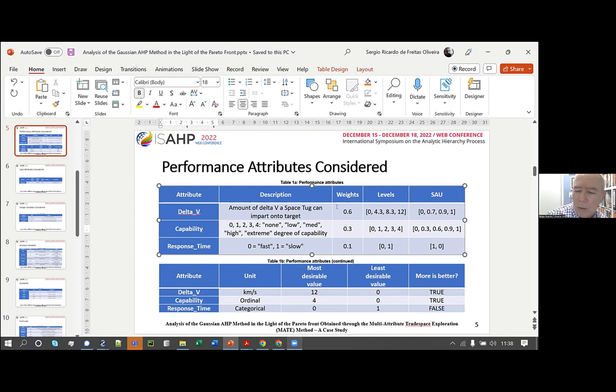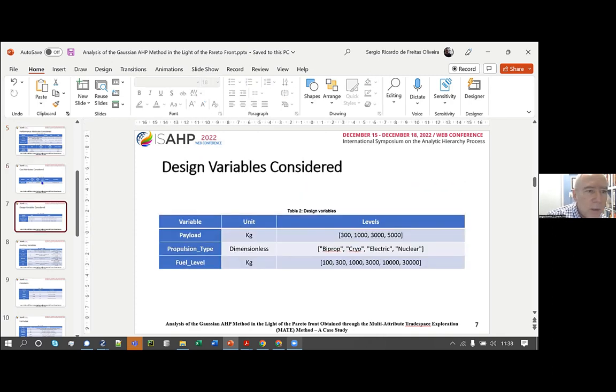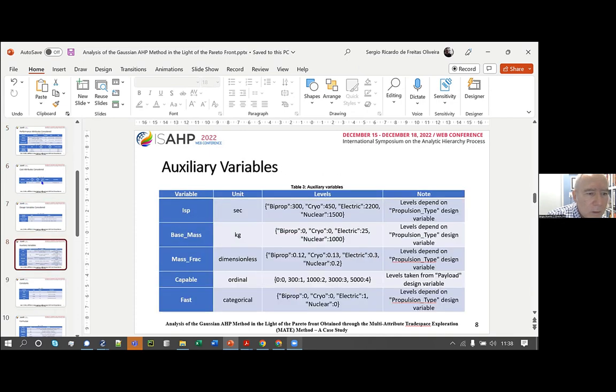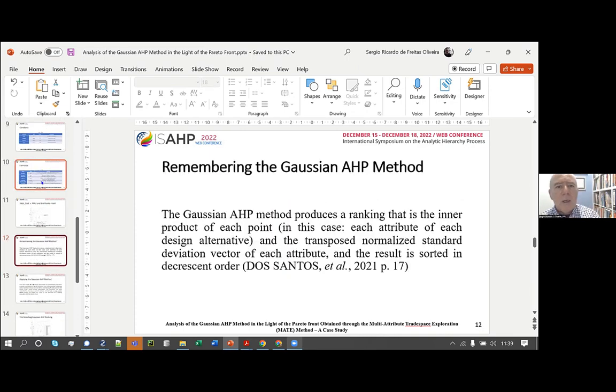The proposition of the method, let me come back to here. The method of the Gaussian AHP, what they do when they proposed this method is to produce a ranking by performing a dot product of each point, in this case the attributes of each design alternative, in the transpose normalized standard deviation.